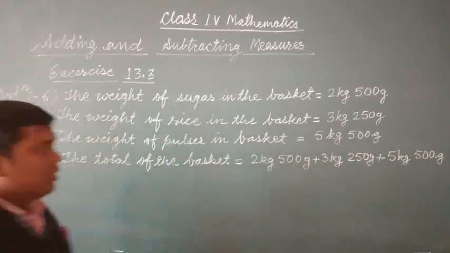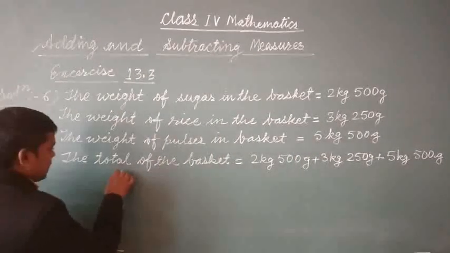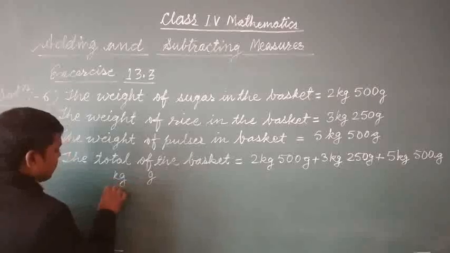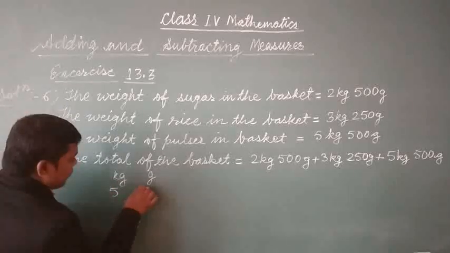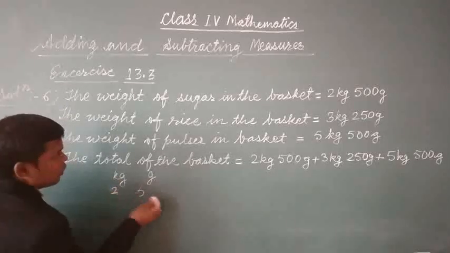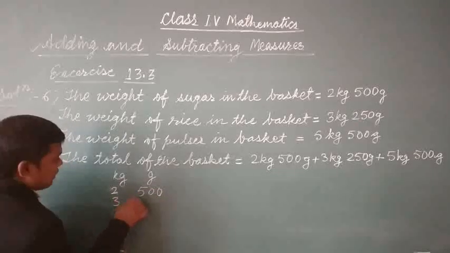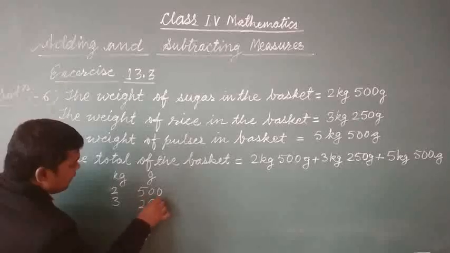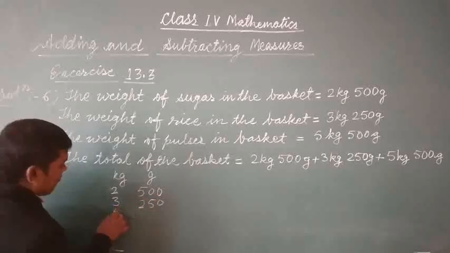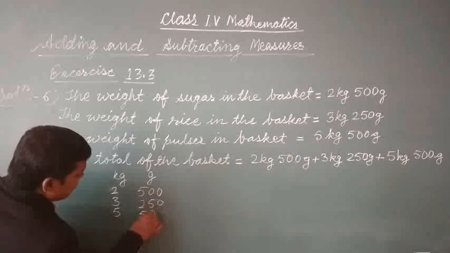Okay, now we will add together. So here we write kg, gram. First it is 2 kg 500, then 3 kg 250, and then 5 kg 500 gram.